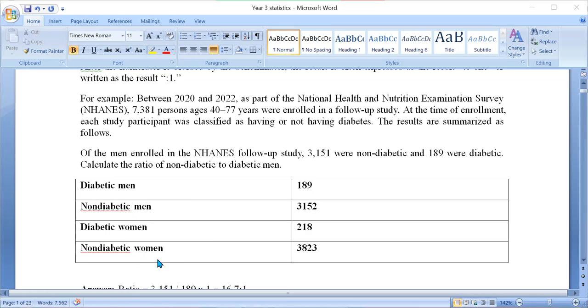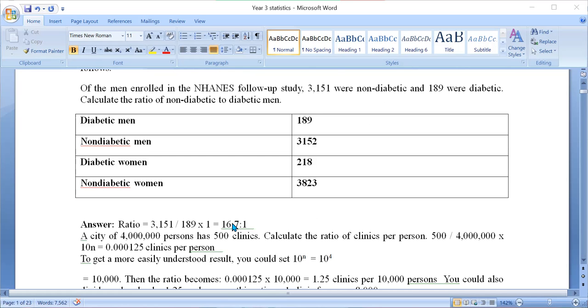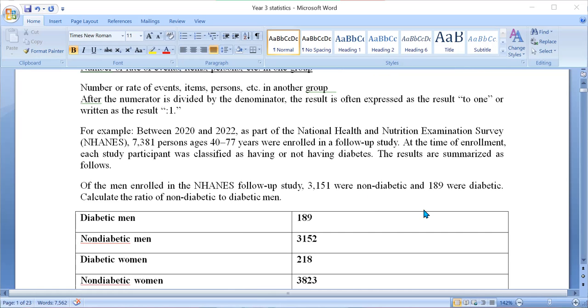Women who do not have diabetes were 3,823. So this was after the study. Now, you are requested to calculate the ratio of non-diabetic to diabetic men.